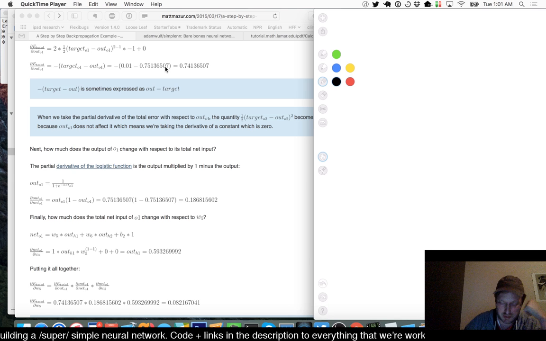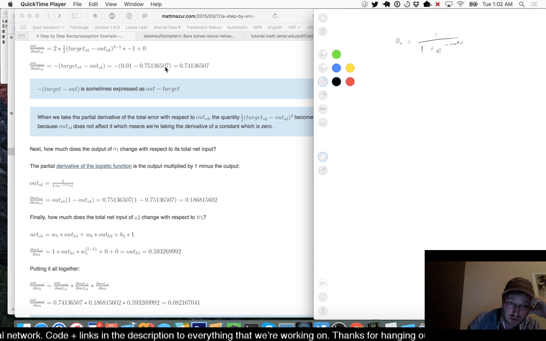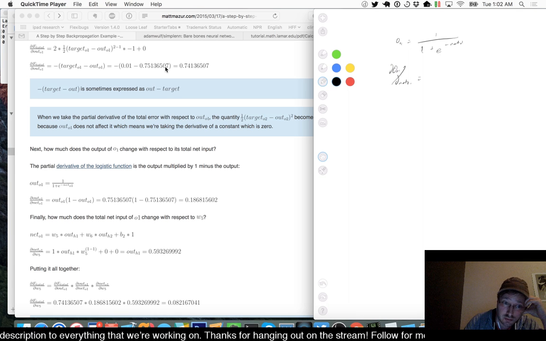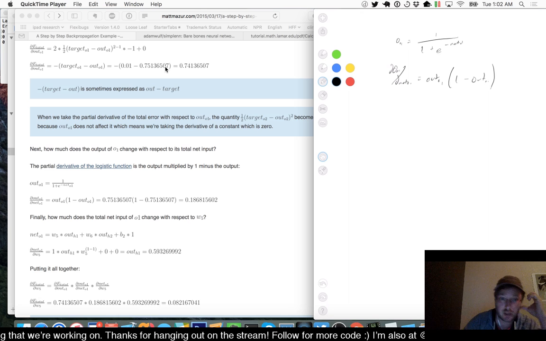He's saying that if out of O1 is equal to 1 over 1 plus e to the minus net of O1, then d out of O1 with respect to net of O1 is going to be out of O1 times 1 minus out of O1.